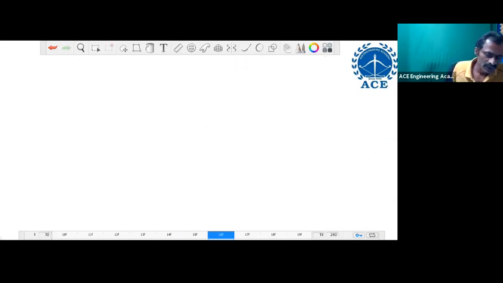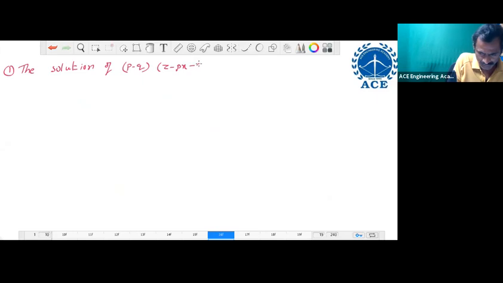Now, before writing the IES question, we do another problem on this type. Problem number 1. The solution of p minus q into z minus px minus qy equal to 1 is, it is in terms of p and q, so a partial differential equation.